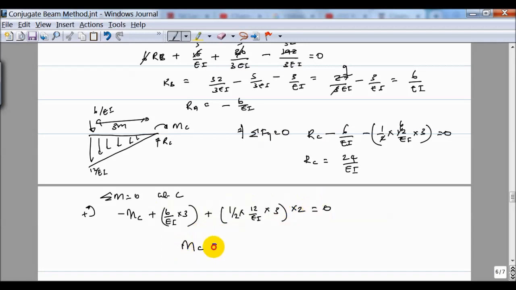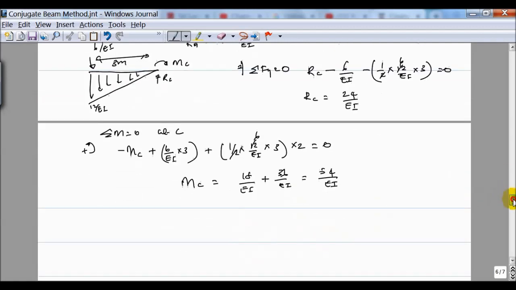So MC becomes 18 over EI plus 18 into 2 is 36 over EI. So that becomes 54 over EI.